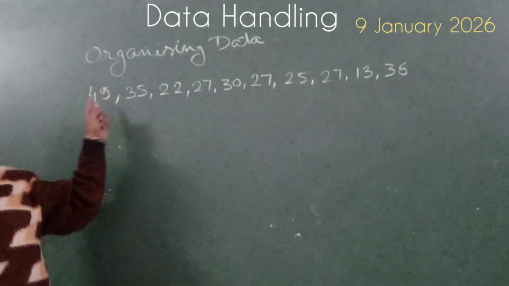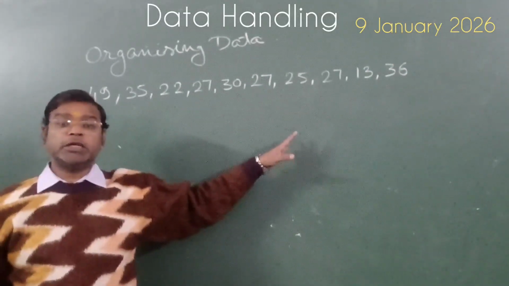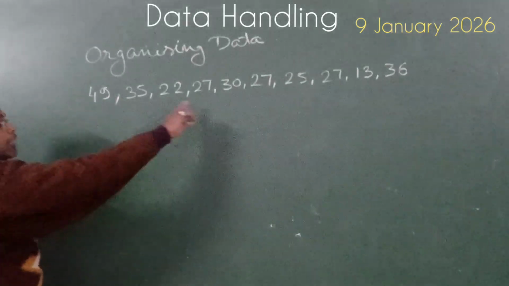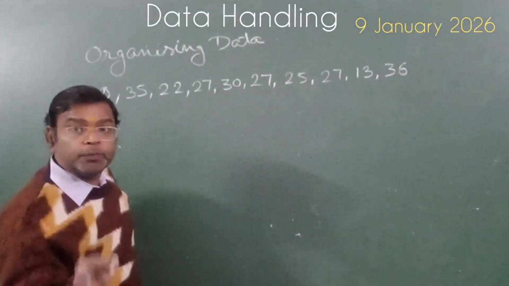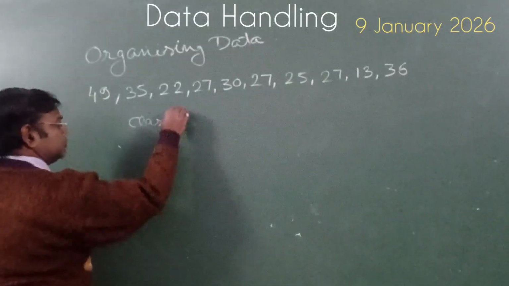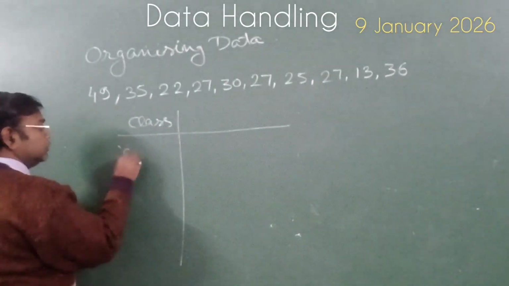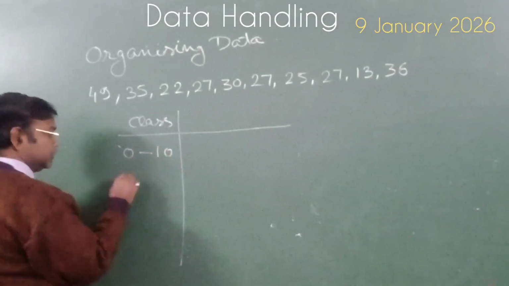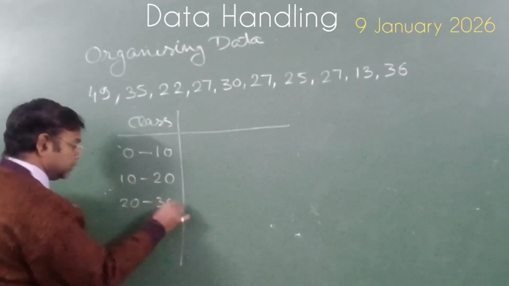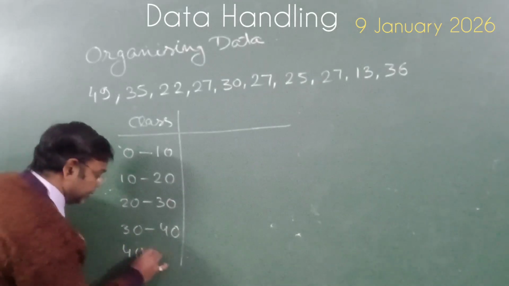As you are observing, some numbers are written above. These are the marks obtained by some students in a particular class test. If we try to arrange all this data group-wise, there are some groups. In the data handling chapter, these groups are known as classes. So 0 to 10, 10 to 20, 20 to 30, 30 to 40, and 40 to 50.